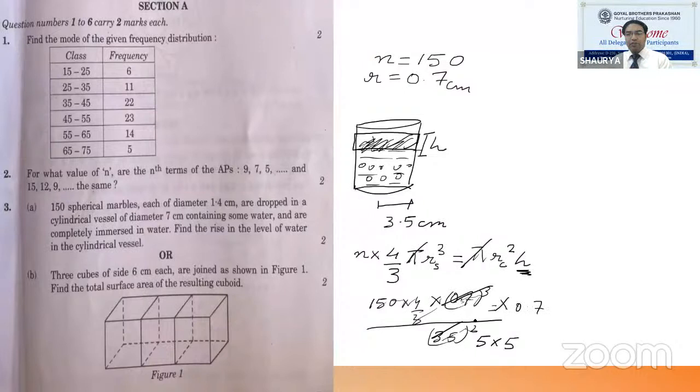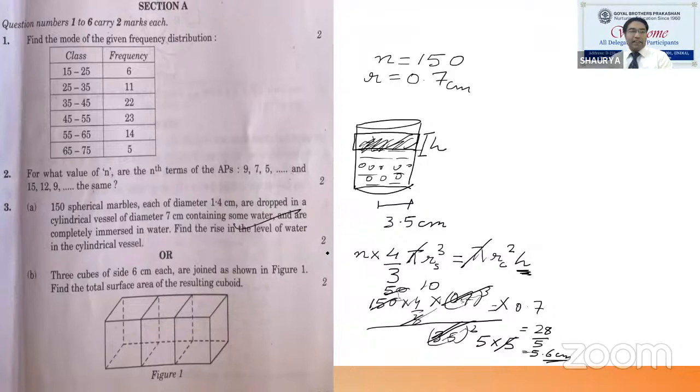These two terms are gone. I had a 3 below, which can cancel with this 150, and I can get 1 5 cancel with this 10. So I have 7 upon 5 with a 4 also. 7 4s are 28 upon 5 is the answer. That would be 5.6 centimeter will be the amount of height by which the water level rose.